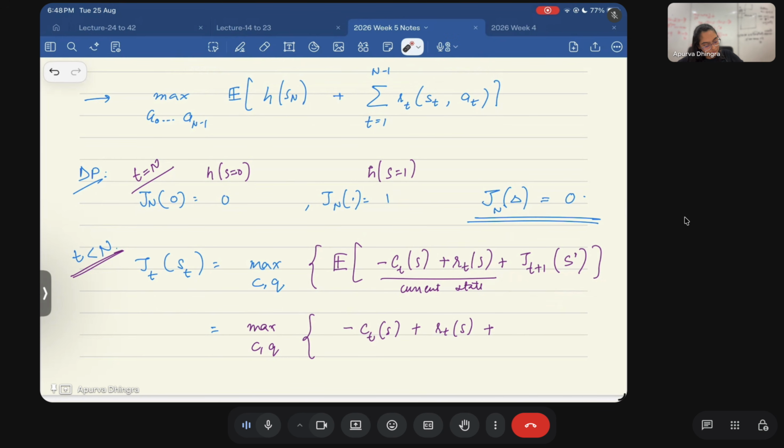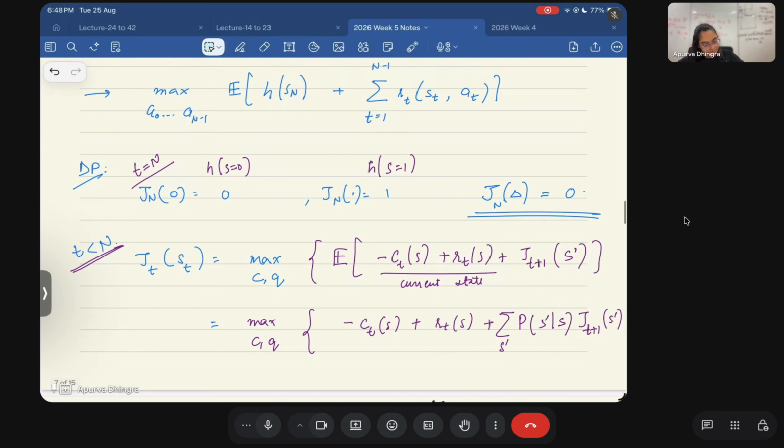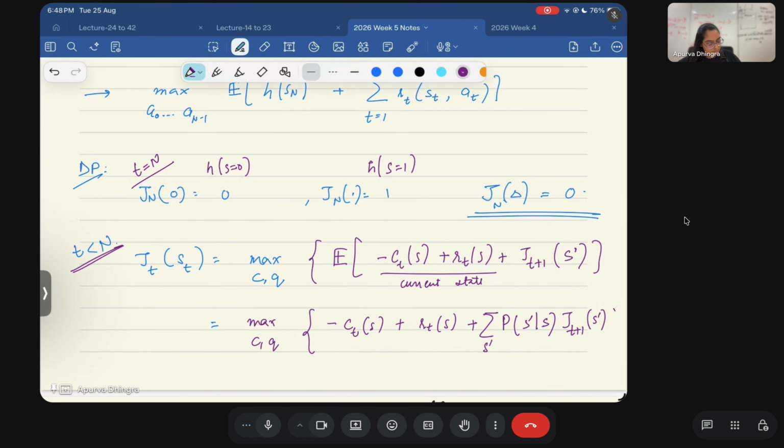So ultimately what we're looking at is p s dash given s, where s dash is whatever is the next state possible, J t plus 1 of s dash, for the two actions. You could write it more carefully if you want, it's okay.